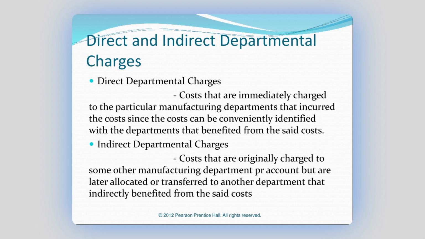Kaya nga direct, no? And we have also here indirect departmental charges, costs that are originally charged to some other manufacturing department account but are later allocated, so subject for allocation and transferred to another department that indirectly benefited from the said costs. So that would be direct and indirect departmental.